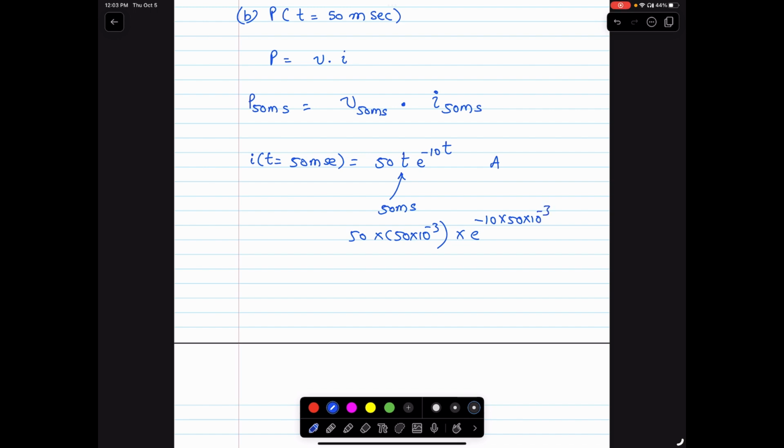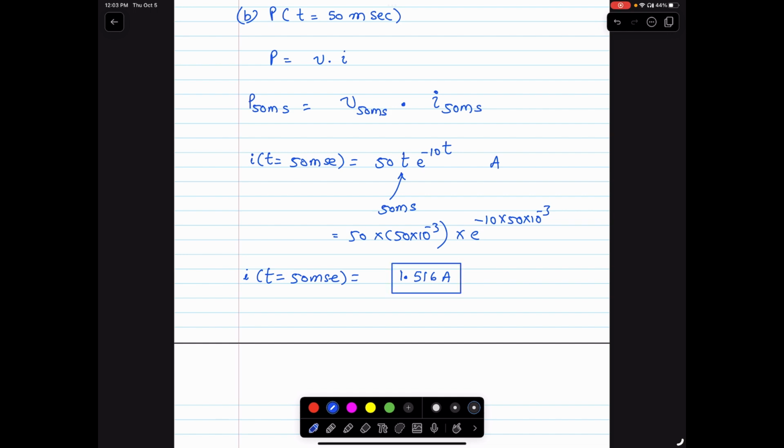You calculate that, and you'll get i of t at 50 milliseconds is going to be 1.516 amperes. Okay, so we calculated the current.